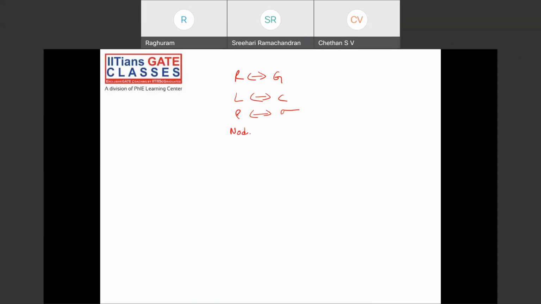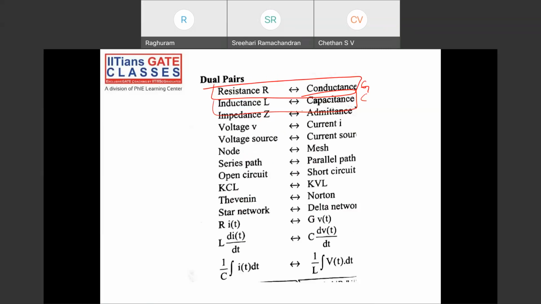Nodal analysis, mesh analysis. KCL, KVL. And what else can you say? Thevenin's, Norton's. Thevenin's theorem, it's Norton's, yeah.